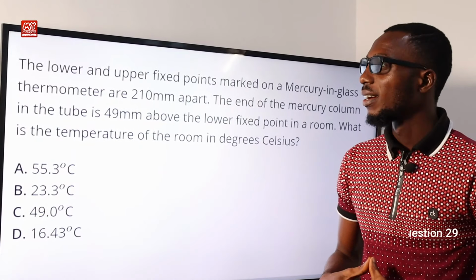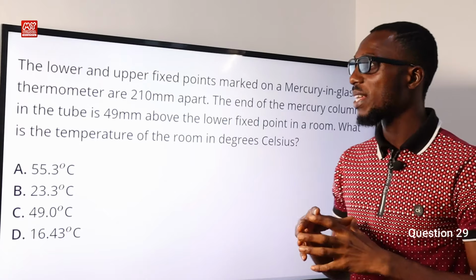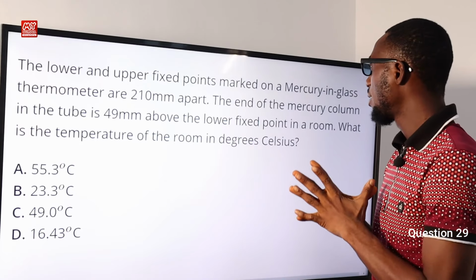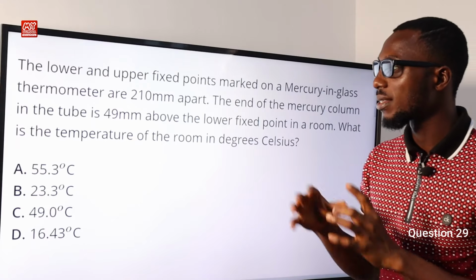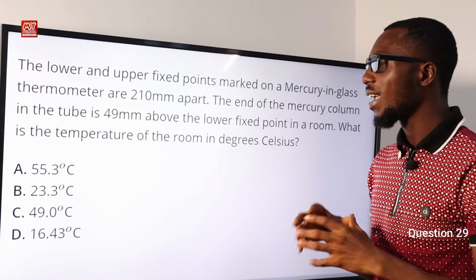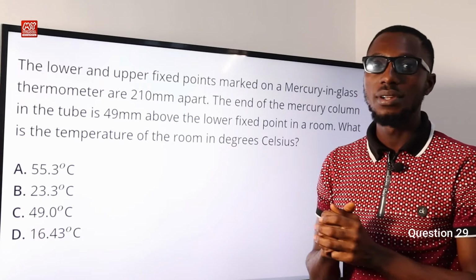Number 29. The lower and the upper fixed points marked on a mercury-in-glass thermometer are 210 millimeter apart. The end of the mercury column in the tube is 49 millimeter above the lower fixed point in a room. What is the temperature of the room in degrees Celsius?